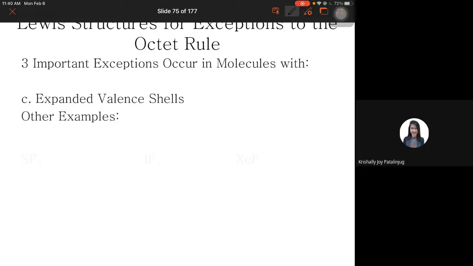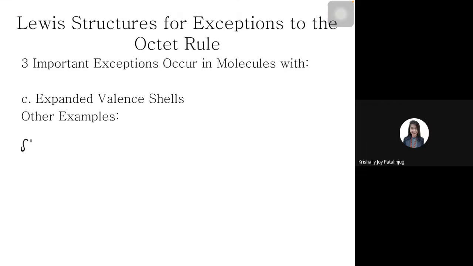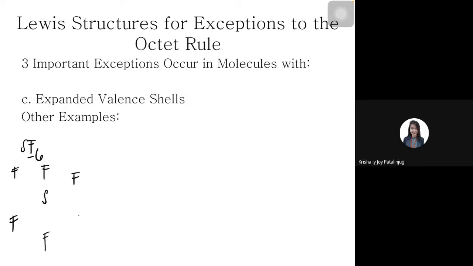Now, let's have another example. Let's say sulfur hexafluoride. Okay, sulfur hexafluoride, sulfur would be the central atom here. And you can see here there are 6 fluorine surrounding sulfur. Let's total the valence. Sulfur has 6 plus 7 times 6 total.